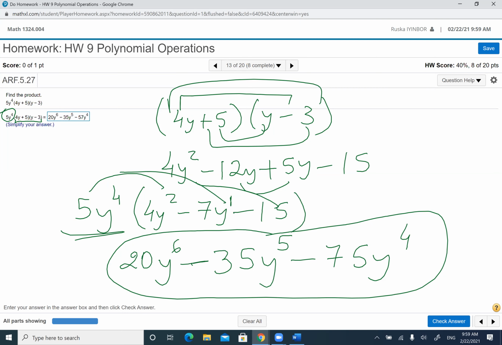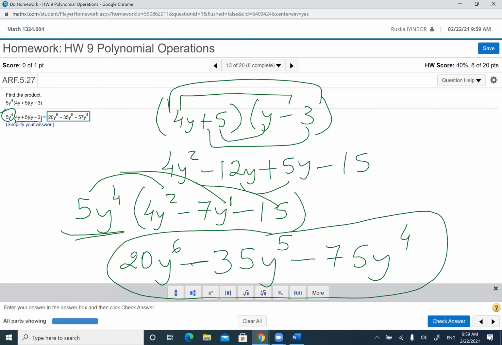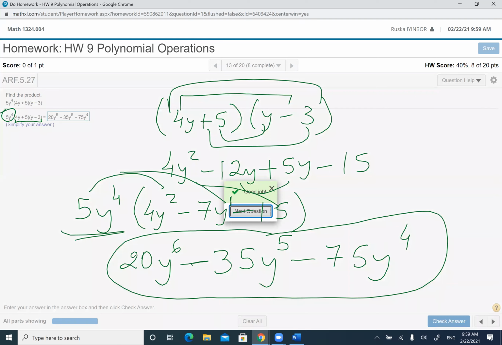I'm sorry, what did you say? 75 times 5? 15 times. On the answer box. Oh, that's right. I was looking at the solution and I'm like, yes, thank you. I just switched 75 to 57. Yes, thank you.